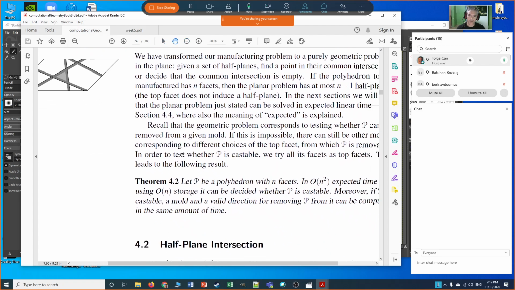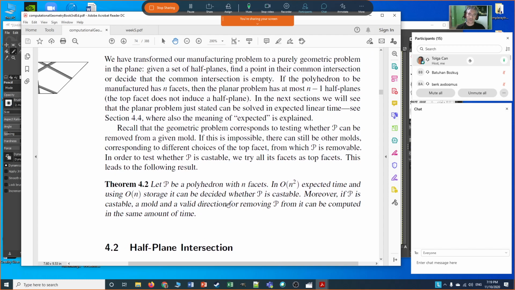All right, so let's continue. The final result we are going to get at the end is written as a theorem at the beginning. For a polyhedron with n facets, it will take O(n) square expected time, because we will try to solve one of those 2D LP problems with an expected running time of linear O(n), and we will have to do this for all of the faces of the polyhedron one by one, because we don't know beforehand which face could be the top face.